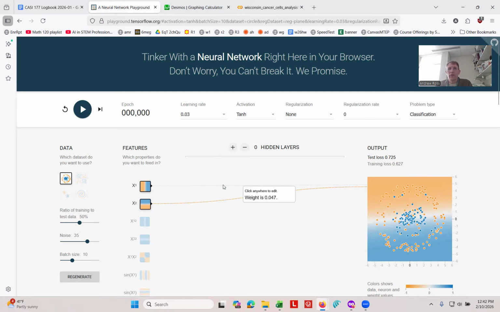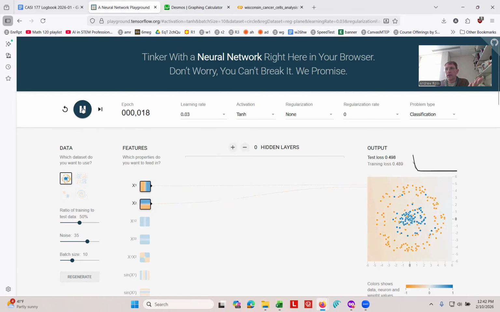How well do you think it will do drawing a good line or curve between them if we just feed it these things? Well, let's hit play to run the training. And it seems to have not really come up with a line at all. It seems to be classifying almost everything as orange in the background here, and basically nothing is blue. And it does not seem to be improving at all.